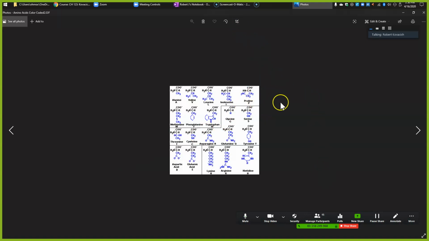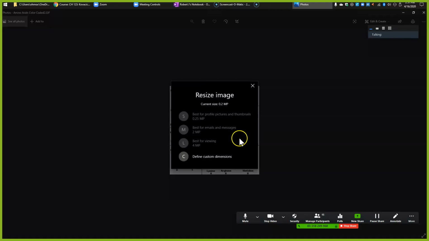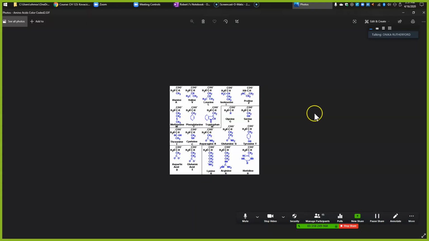Why is this not letting me zoom in? I hate this newer version. Can I just not see it?